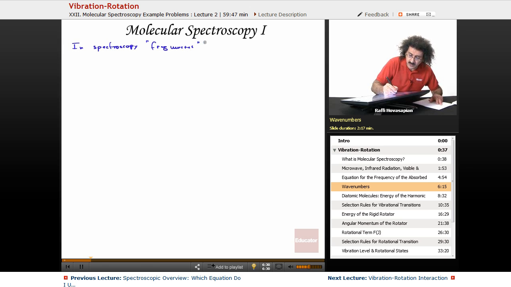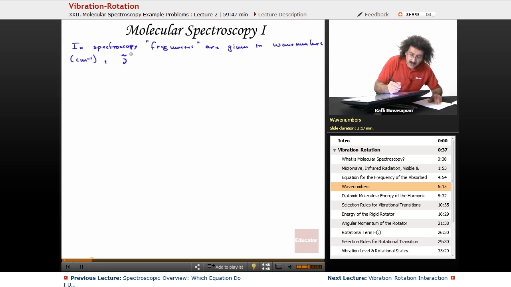We've seen them before. Wave numbers are just the inverse of the wavelength, so in general they're given in inverse centimeters.